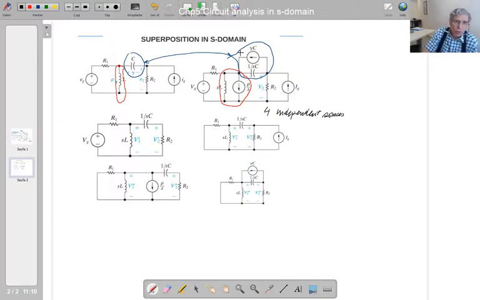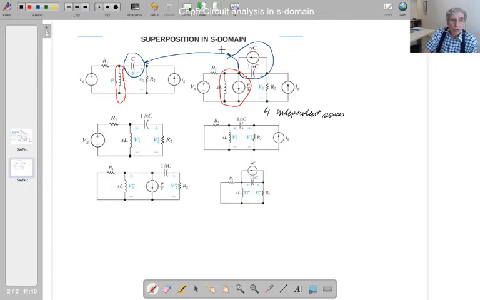So the superposition theorem tells me if you've got more than one independent source in your circuit, calculate the element currents and voltages for each independent source and sum them up. The solution that you find is the same as when all the independent sources are in. So here all the independent sources are in. This is the voltage of those two elements.